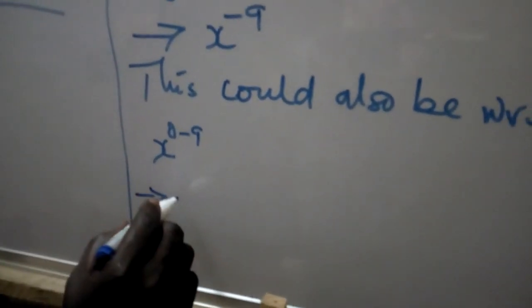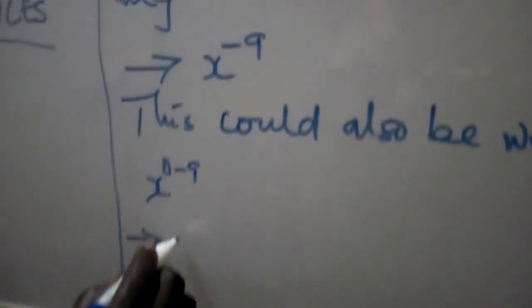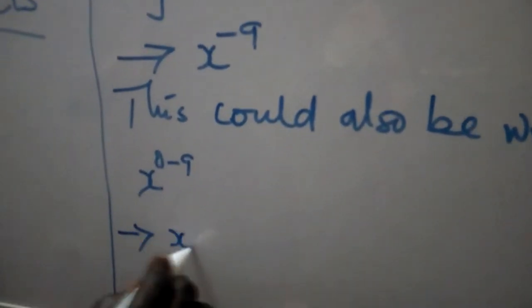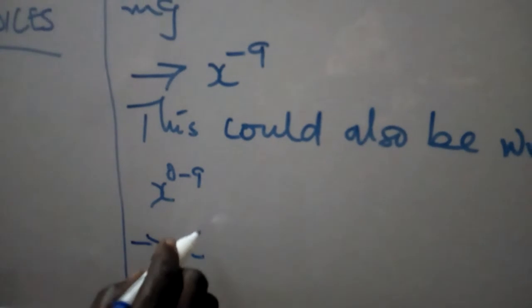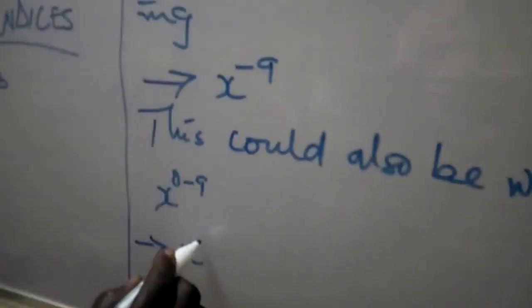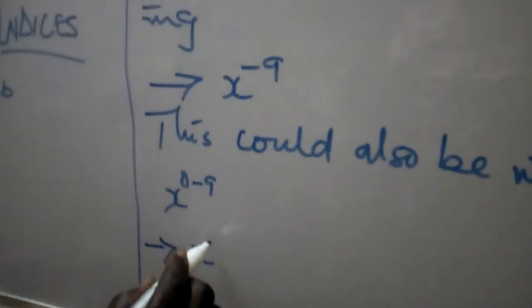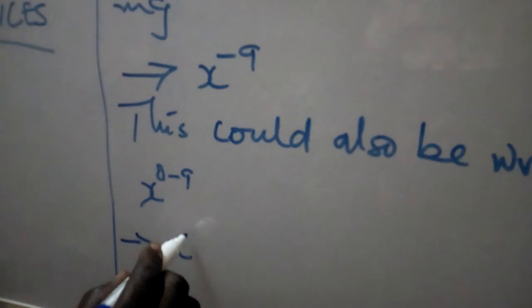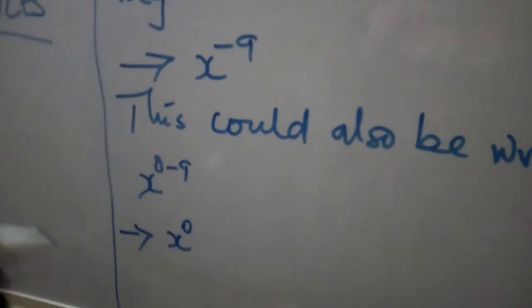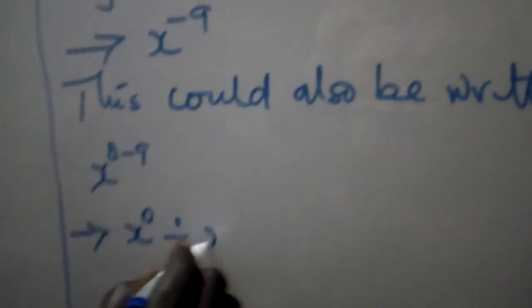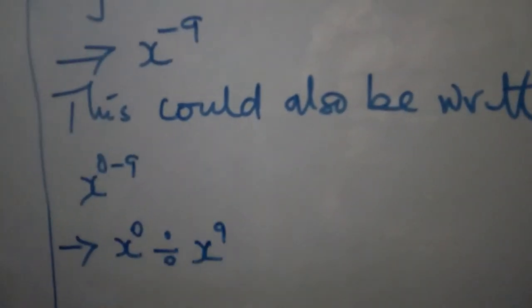as x to the power of 0 divided by x to the power of a.